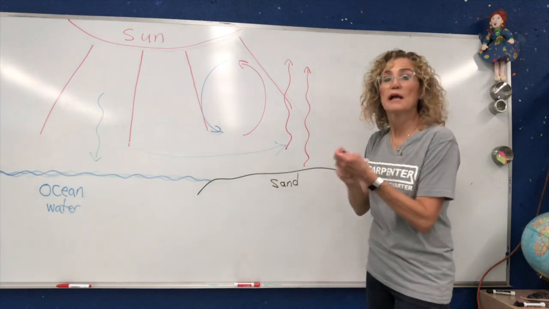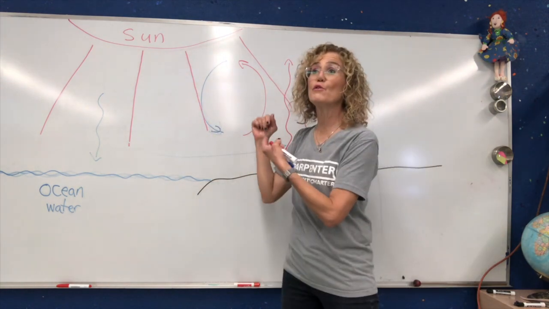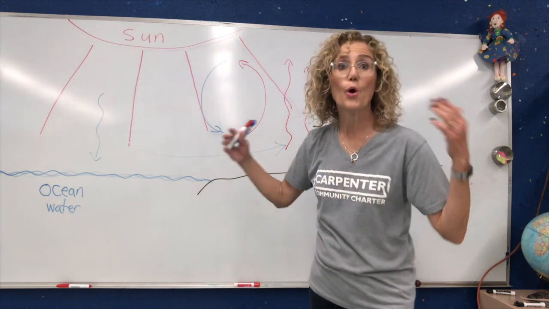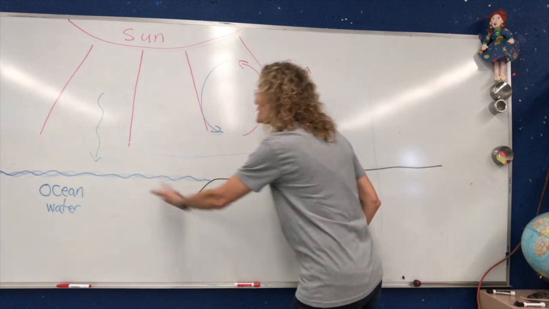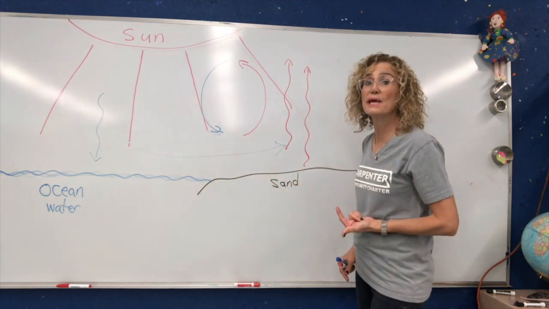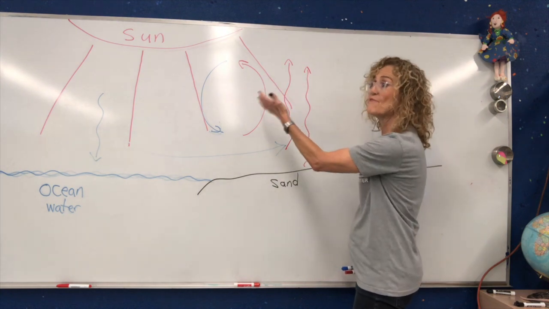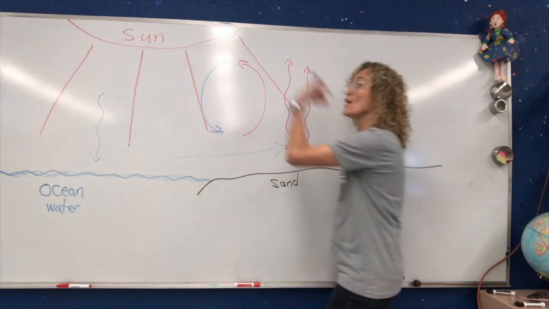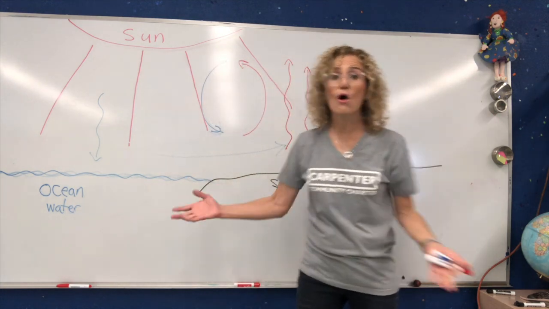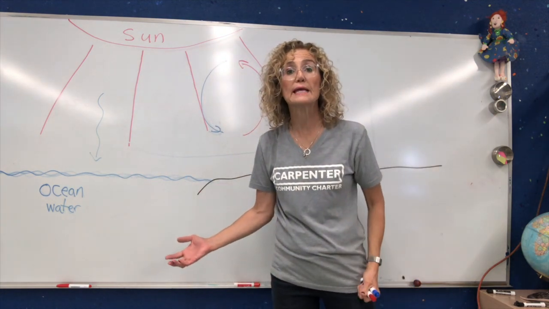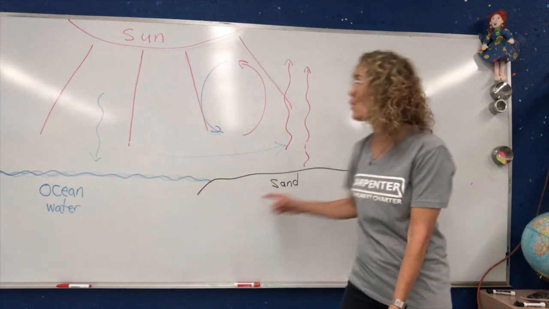And we start getting this cycle, and when air is moving, it's called wind. So that's why we have always a nice wind at the beach. The sand gets hot because the sun heats it faster than the water. The water stays cool because it takes a long time for the water to heat up. So we have this constant onshore flow.